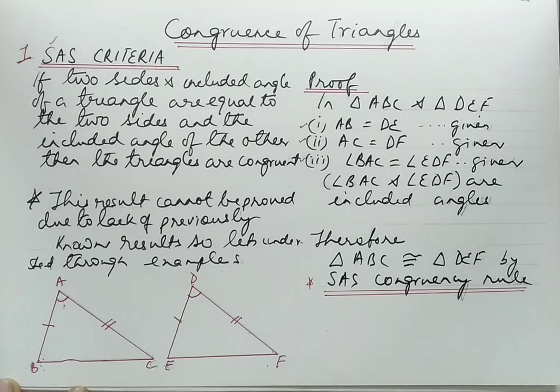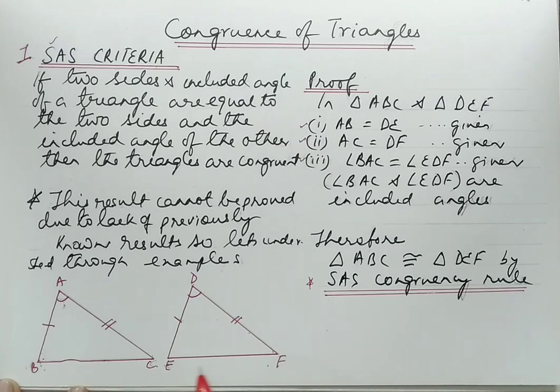So in congruent triangles, we will have 6 elements matching with each other. This angle is matching with this. AB is being shown equal to DE and AC equals DF.